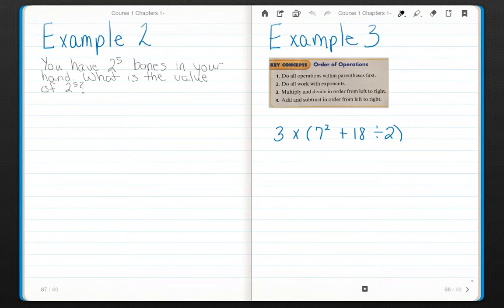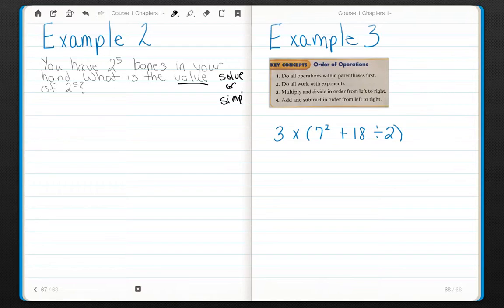So you have 2 to the 5th bones in your hand. What is the value of 2 to the 5th? Value tells you to solve or simplify. How much is it worth? So 2 to the 5th, because you always write the original problem, is the same as multiplying my base of 2 5 times.